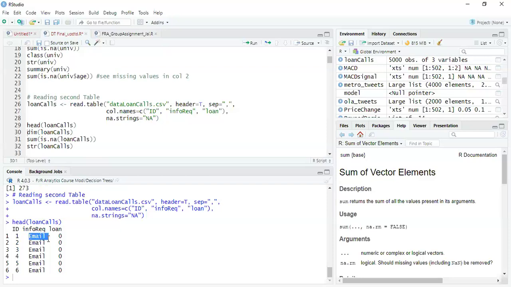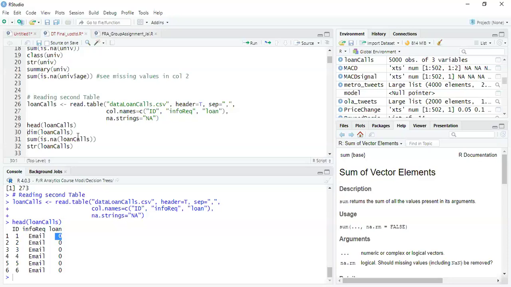Through email or phone. It has only two categories, email or phone. If it is through email, they have written email. If it is phone, they have written phone, PH. And loan, whether that individual was given a loan or not. 0 represents the loan is not given. 1 represents the loan is given.